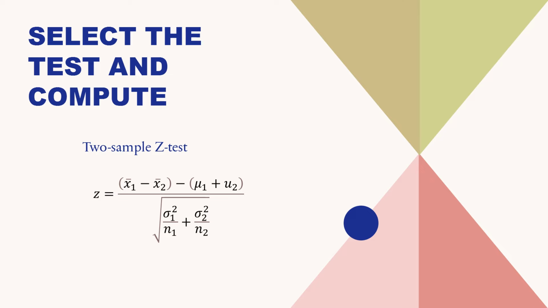Okay, so now we have to select the test and compute. Again, we have two options. Since we're looking for a difference, we could use a z-test or a t-test. But as our analysis of the problem showed us, we have a sample size of 50, which means that our n is greater than 30, and therefore the favorable test for us to use is the z-test.